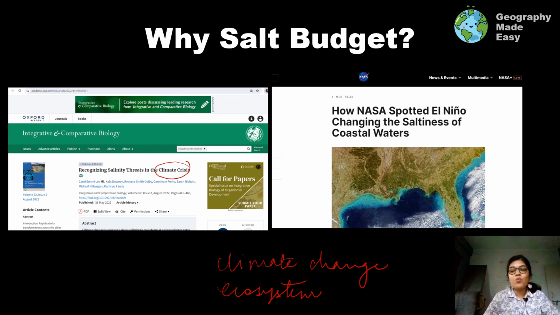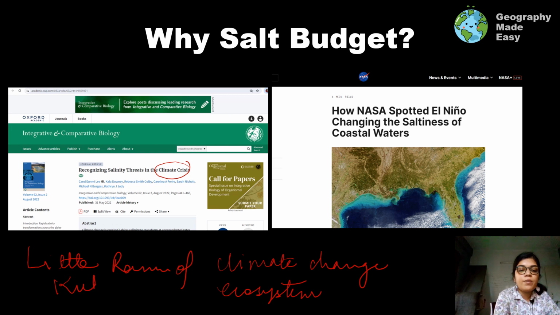Again, I will give you one example, and this happened in the Little Rann of Kutch. The Little Rann of Kutch is in Gujarat. This is a protected area, and it has a very unique wild endemic species, the Indian wild ass, which is not seen in any other part of the world. In the Little Rann of Kutch, there were tribals who were making salt.